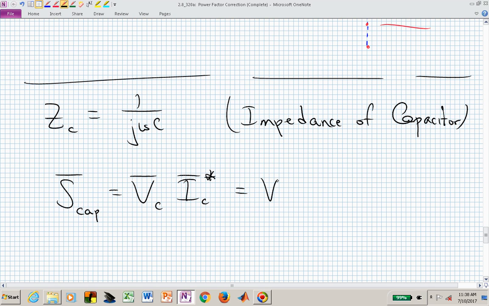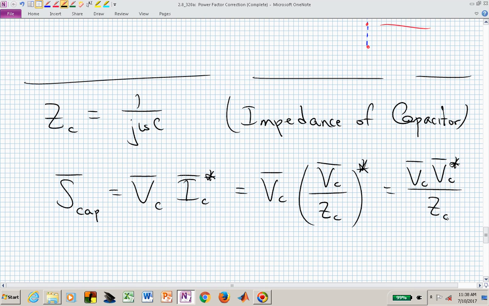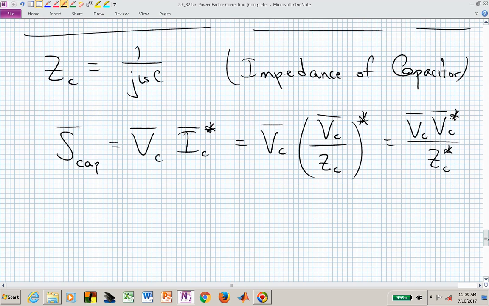Or in other words, let's rewrite the current of our capacitor in terms of voltage, which is now V sub C. This is the generalization of Ohm's law, and we now need to conjugate that so that we have V sub C conjugate in the numerator, and dividing that we have Z sub C star, the complex conjugate of our capacitor's impedance.